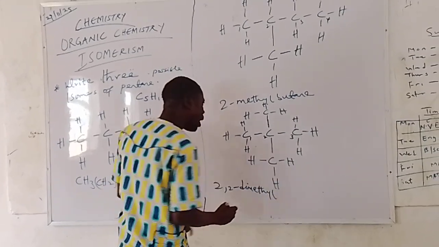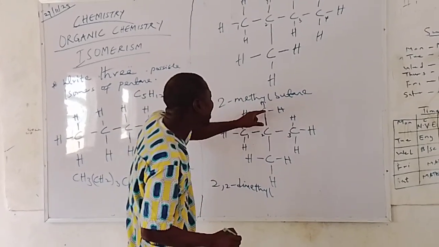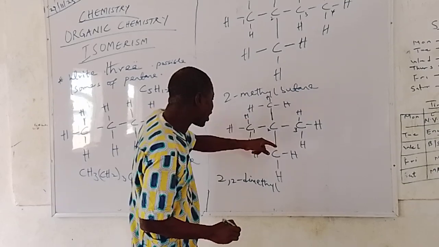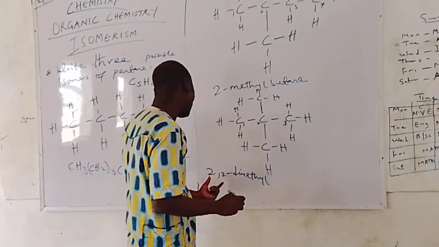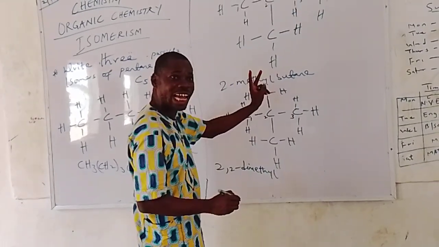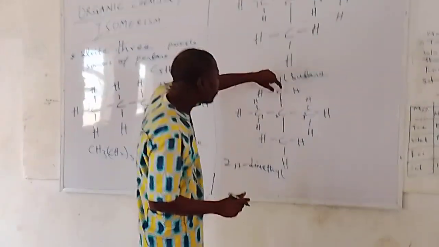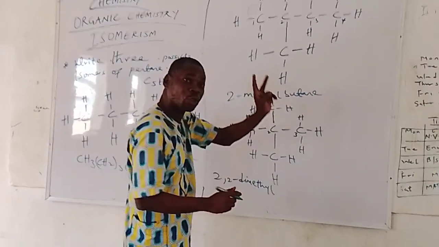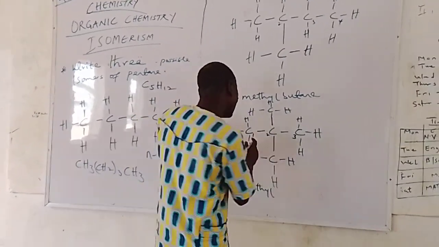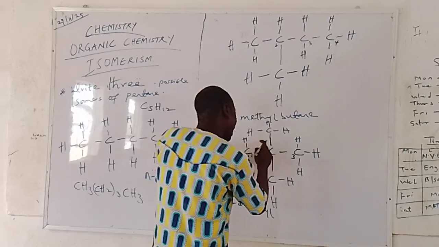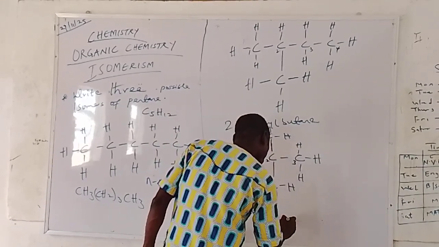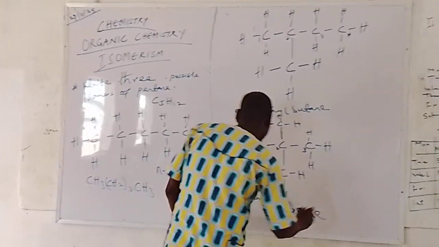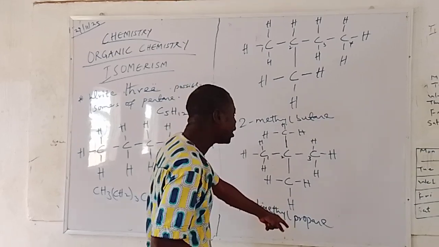Why am I calling it 2,2-dimethyl? Because carbon 2 is carrying a methyl at the top and also at the bottom. That is why I have 2,2. Di in science means 2. Now let's check for the parent name: 1, 2, 3, propane. So the name of the compound is 2,2-dimethylpropane.